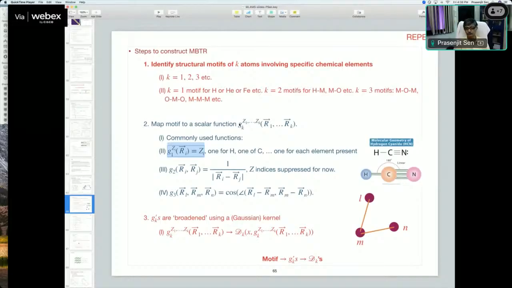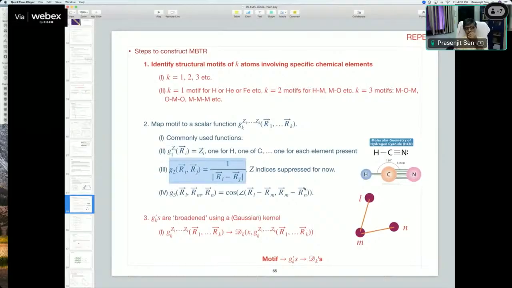So there is one G1 function for each Z, each element that appears in your material. Or actually, when you are training using MBTR as a feature, there has to be one G1 for every element that appears in your data set. And that is G1Z is simply equal to Z. There's nothing much to do about it.